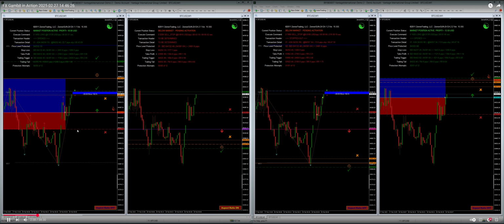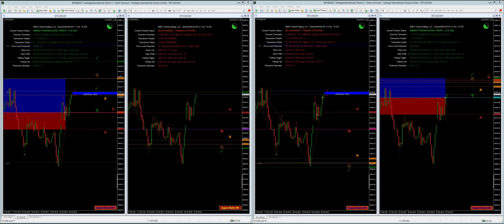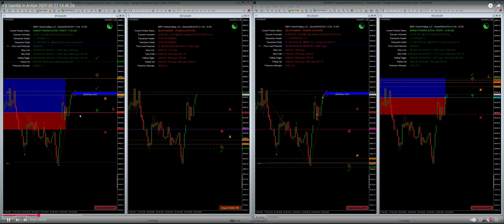Now, moving back to the long market position on the left, this green arrow shows where the entry level of the market order is, and we have multiple horizontal lines that show things like a stop loss for this entry.